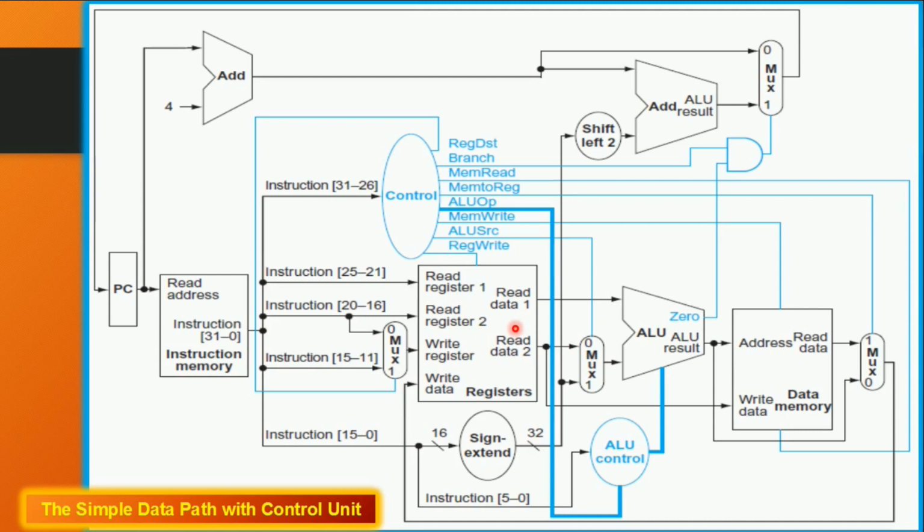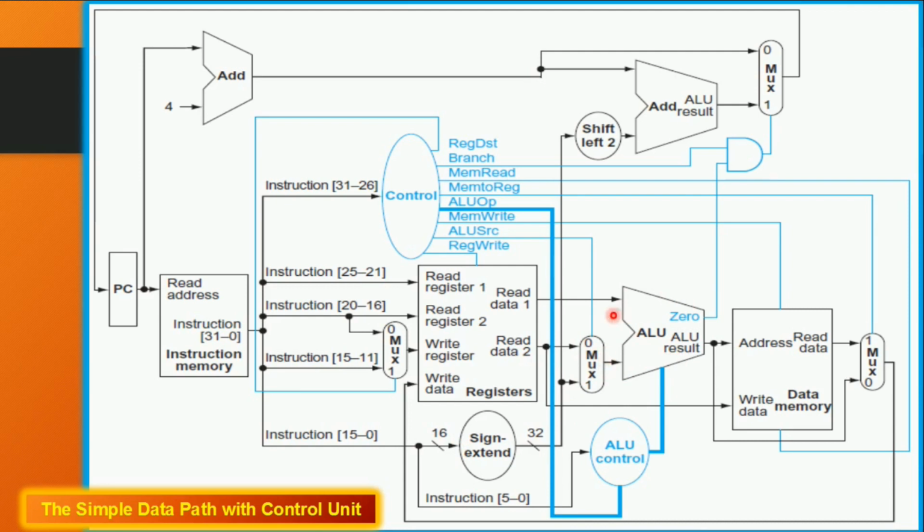The reading operation will be happening here. The data will be transferred to the ALU for the operation. This multiplexer is used to choose the second source of the ALU, whether it is data from a register or an immediate value.